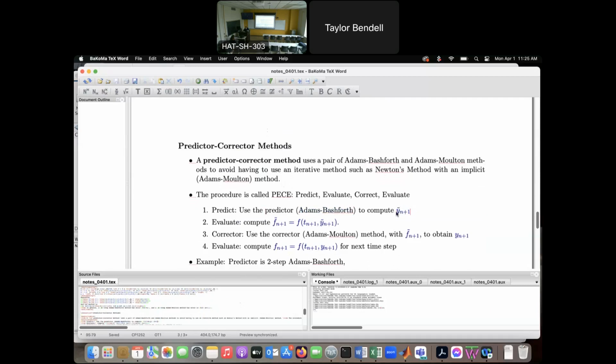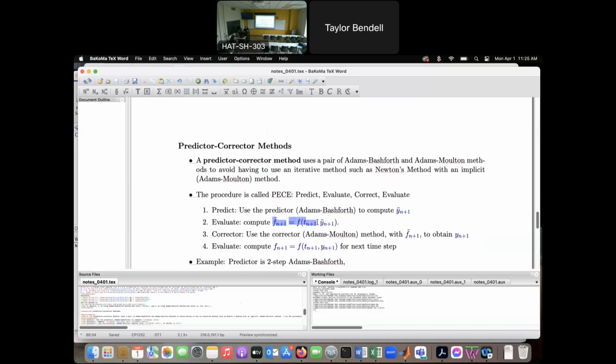But then we take that intermediate value and we substitute it into f with a corresponding time value t n plus 1. And we have this intermediate f value, so f tilde n plus 1. Then we use the corrector, the Adams-Moulton method. Now, normally, this has to be used as an iteration because we don't have a y n plus 1 to plug into f to get f n plus 1.